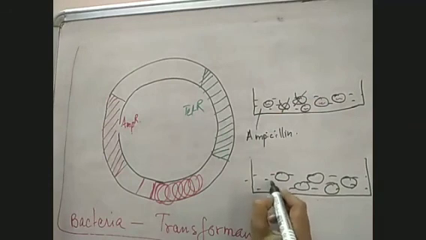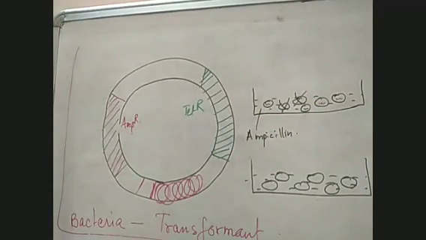We are not sure, we can never be sure whether the vector has been introduced in the bacteria or not, because it is such a method that you cannot come to know whether the plasmid has entered the host or not. Now this is another type of culture which has tetracycline in it, an antibiotic which kills the bacteria.